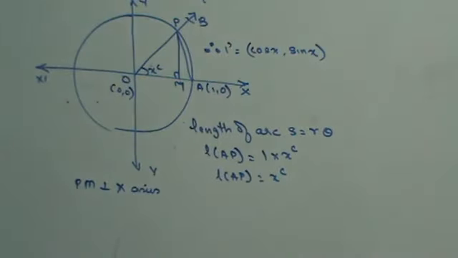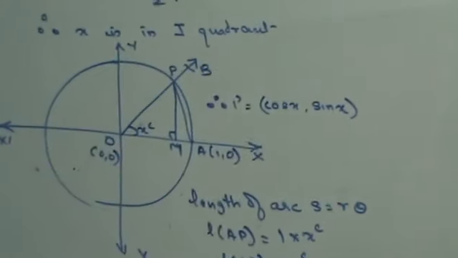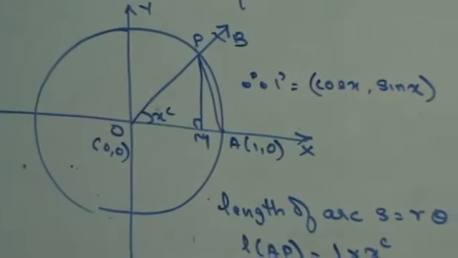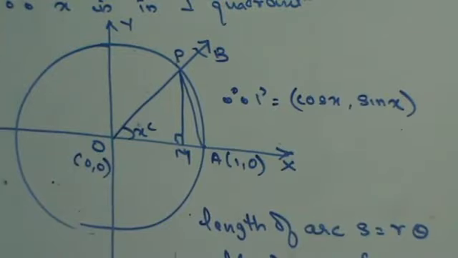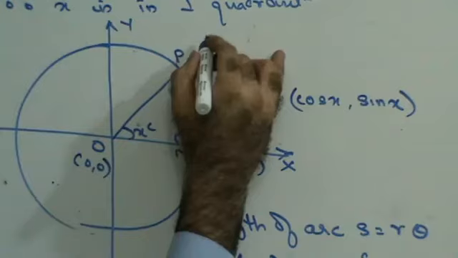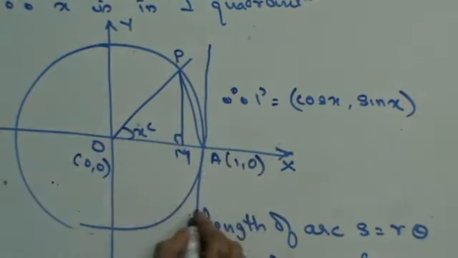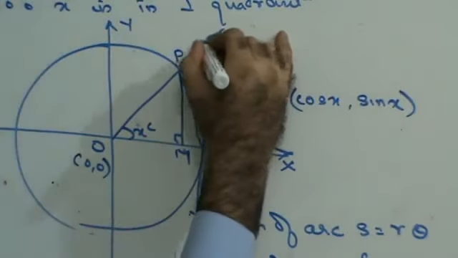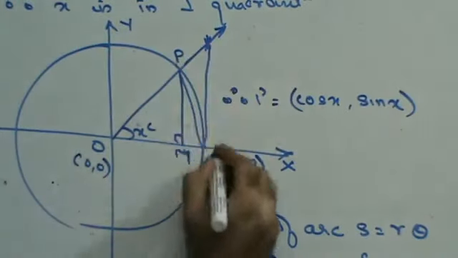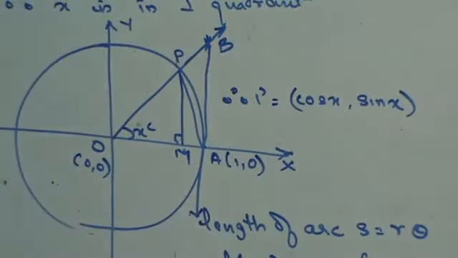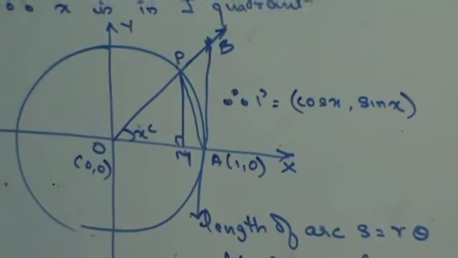So you have another triangle. Draw a tangent from point A and let it intersect ray OP at B. Fine, do we get this clear? Now that the diagram is complete, we can start.